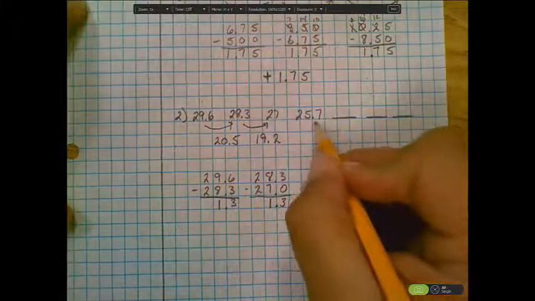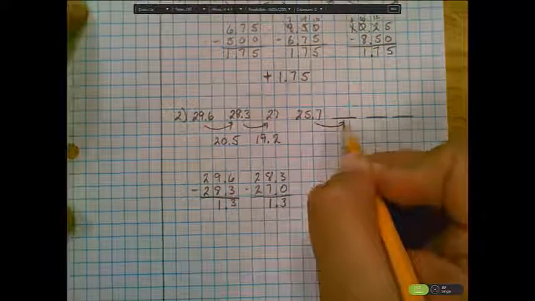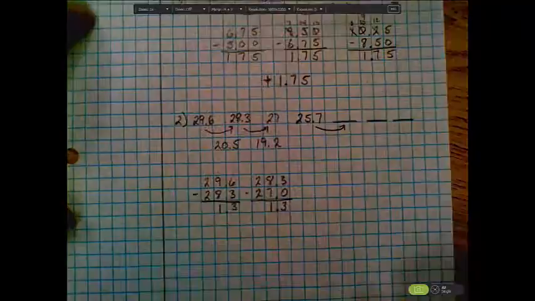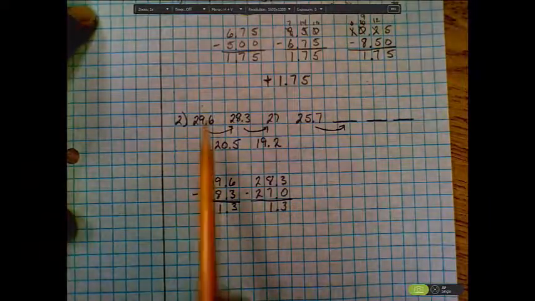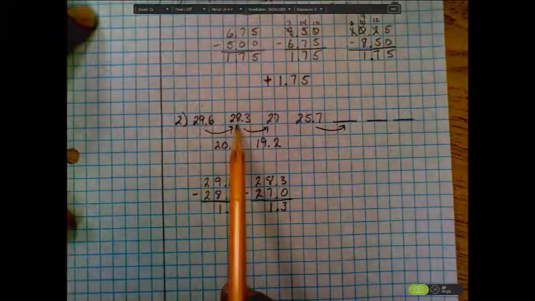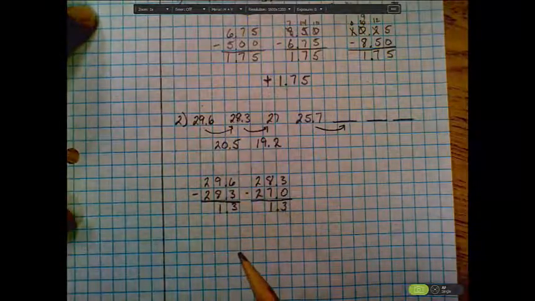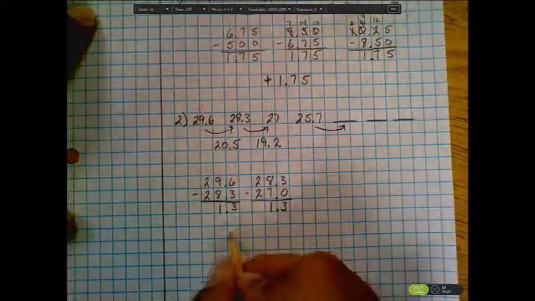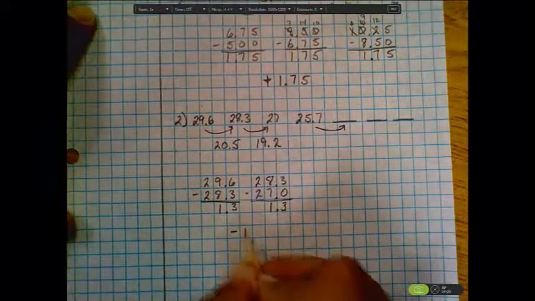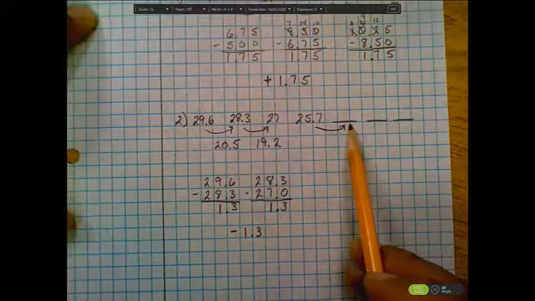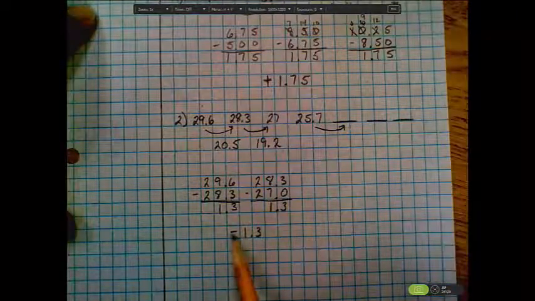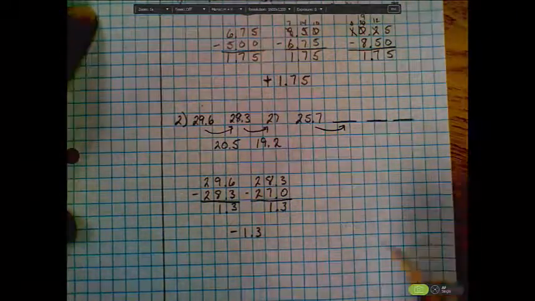If we want to fill in the blank here, if we look at our first interval, 1.3, it's going from 29 to 28, so that means it's getting smaller, and so our interval is going to be a negative 1.3. So when we're trying to find our unknown value, we're going to subtract 1.3 from this value.